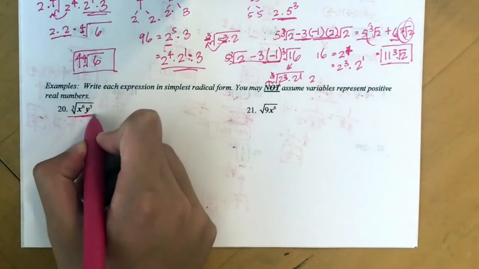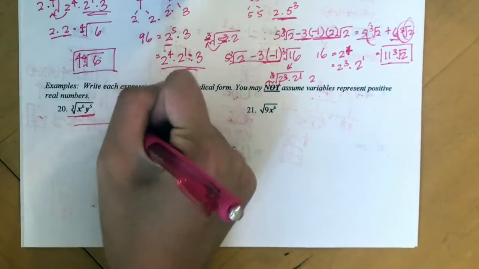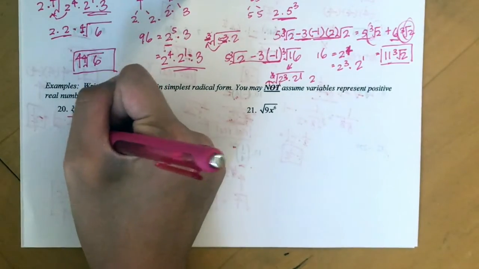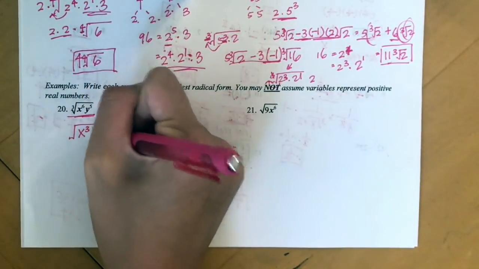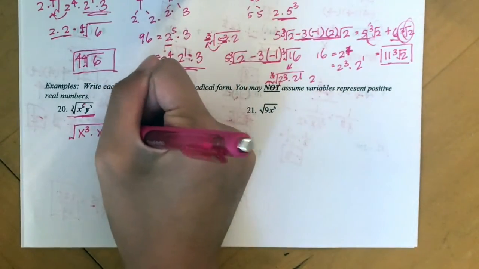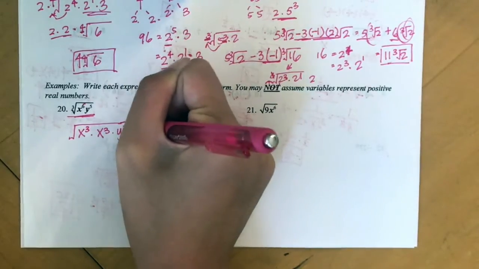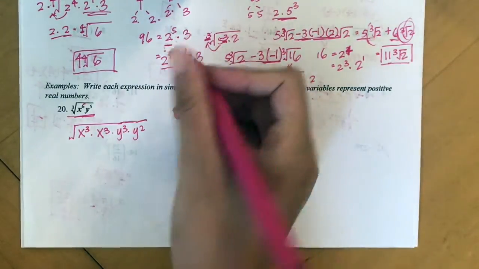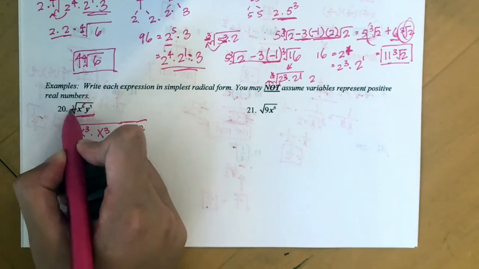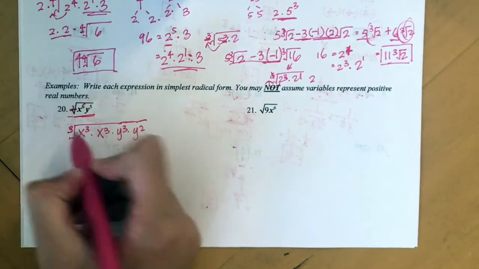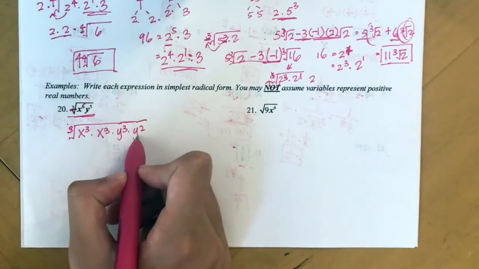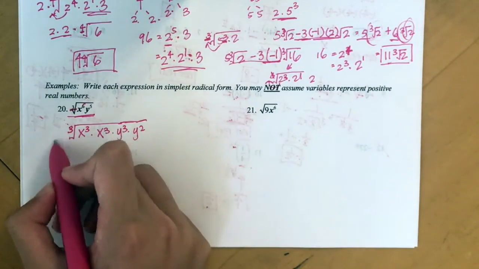So we have this, which we can simplify the expressions in the radicand into x to the third times x to the third, because they combine to make x to the 6th power. And then we can simplify the y's into y to the third and y to the 2nd, okay? The reason that we're simplifying it this way is that because the index is 3, we want to be able to cancel out as much of the things inside as possible, so we can move them to the outside.